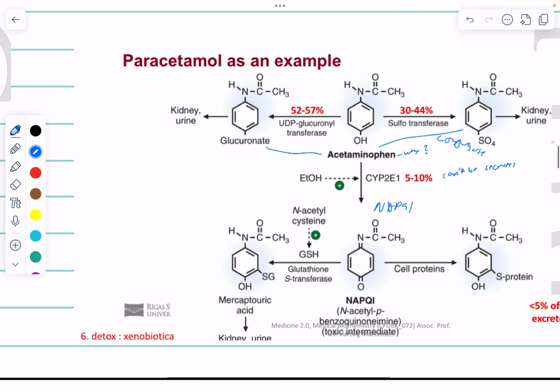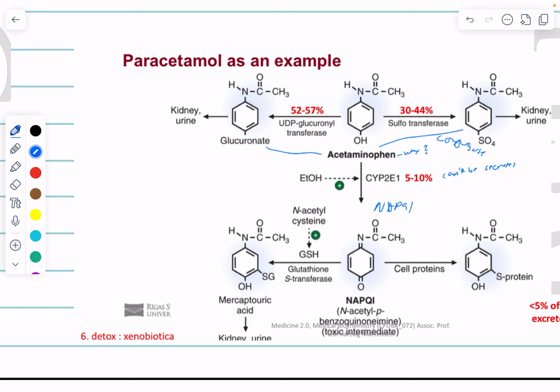As we see here, when we have paracetamol, which contains acetaminophen, around 80% of it could be excreted through the kidney and the urine, just simply as it is. But we have 5 to 10% that can't really be excreted, or is still left. So CYP2E1 is degrading this acetaminophen to NAPQI. And this NAPQI is very, very toxic.